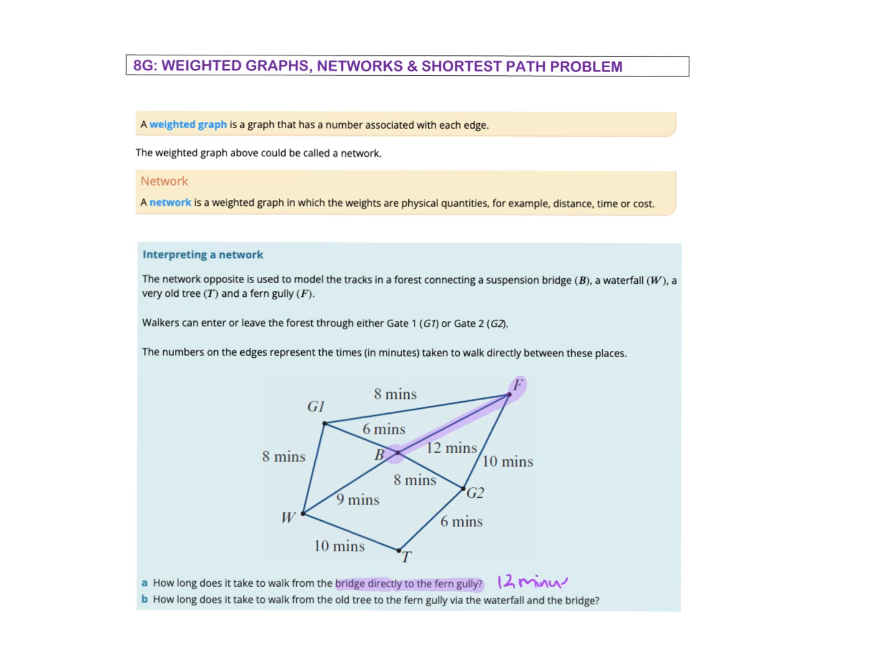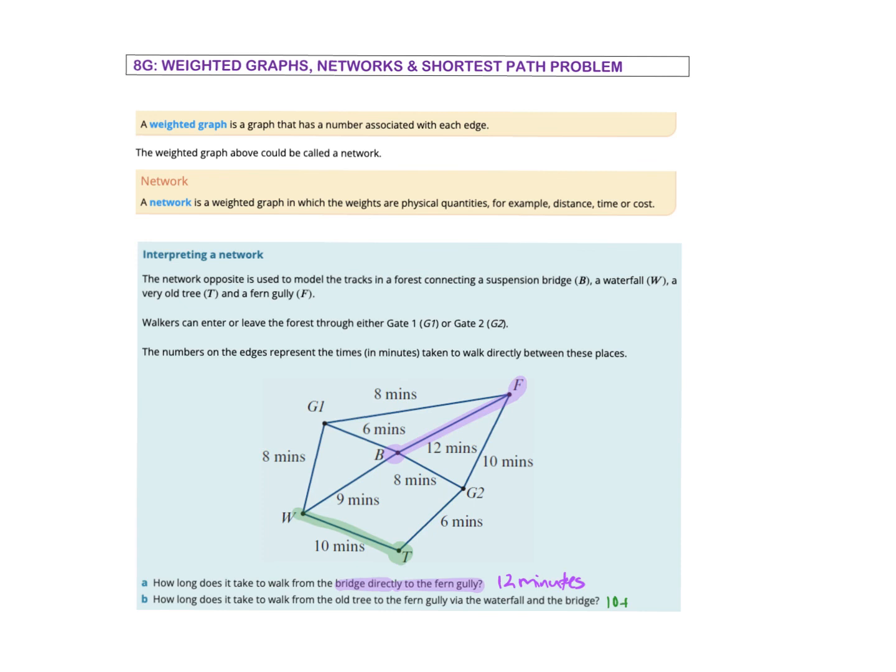Then how long does it take to walk from the old tree to the fern gully via the waterfall? So to walk from the old tree, I'm going to do it in green. Here's the old tree, and you're going to go to the fern gully, but via the waterfall. So going out here, that would be 10.